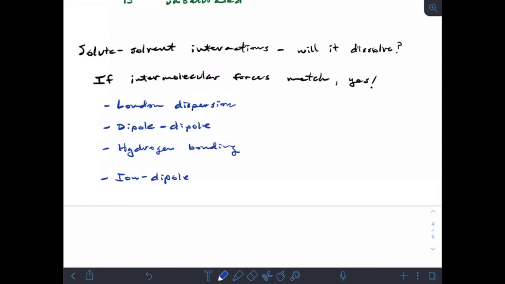So the whole concept with this is that the stronger the interactions, there should be an S there, stronger the interactions equals greater solubility.